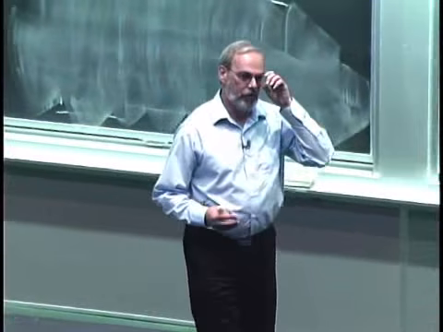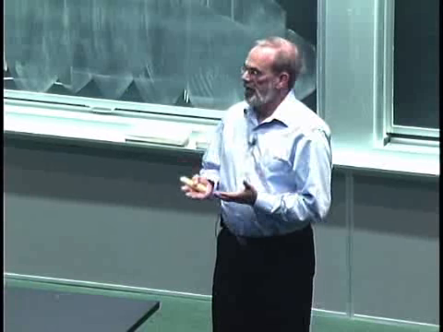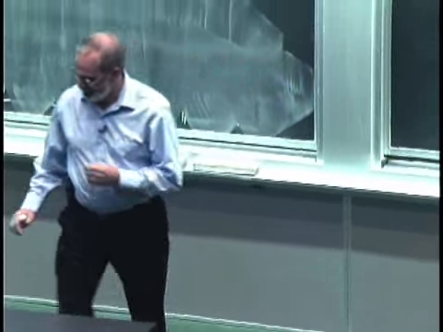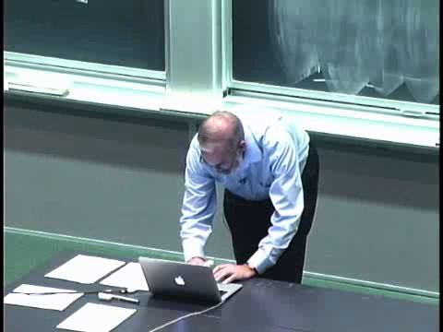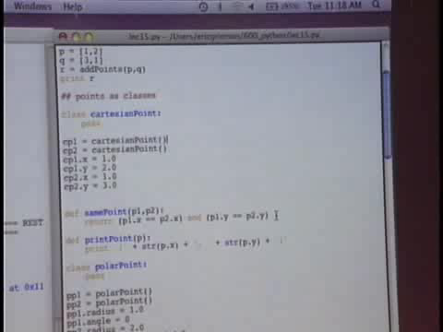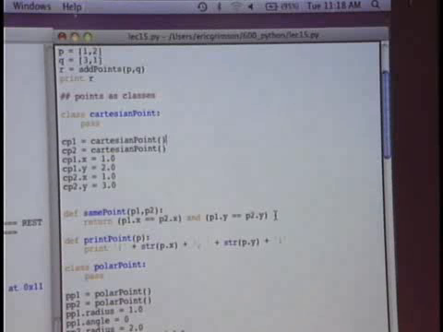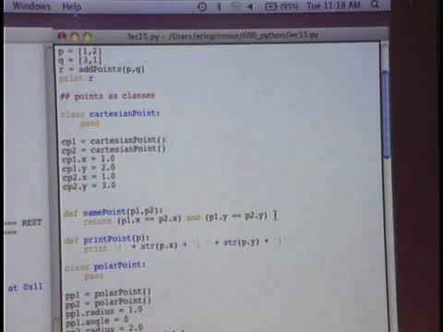Now that I've got that, I could think about what would I want to do at these points. Well, one thing I might want to do is say, well, is this the same point or not? So the next little piece of code I've written here, let me just move down to it slightly. I've got a little piece of code called same point. And you can look at it. What does it say to do? It says, if you give me two of these data objects, I'm going to call them P1 and P2. I'm going to say, gee, is the x value the same in both of them?